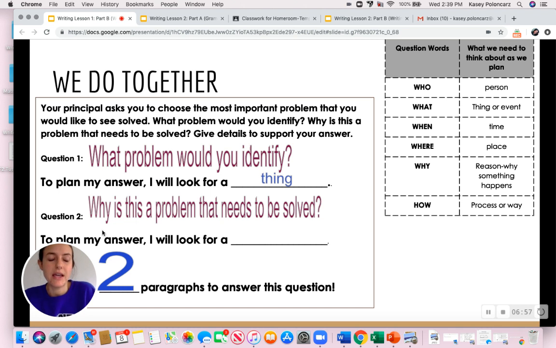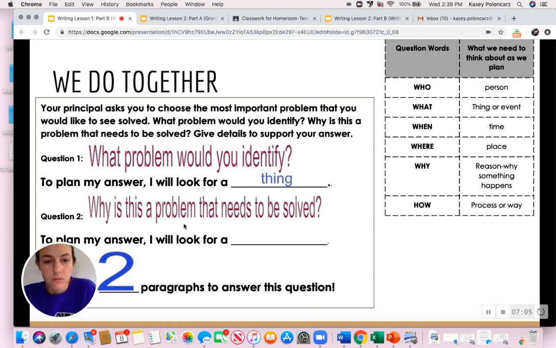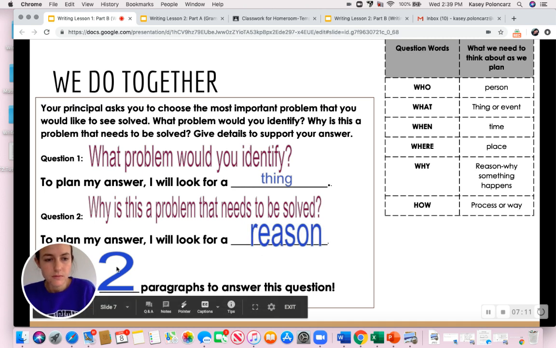Why is the question word in my statement. So now I'm going to go back and I'm thinking about what a why question needs. So to plan my answer, I will look for a reason. And then I have two questions, so I know that I have two paragraphs in my answer.